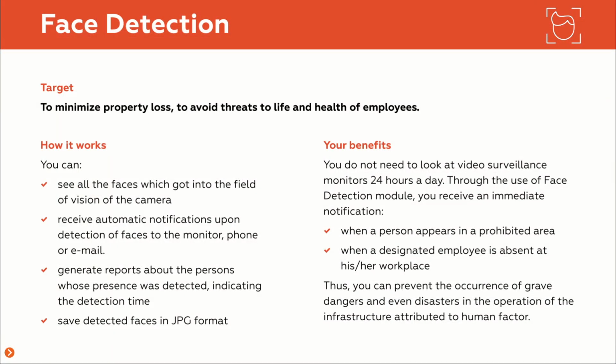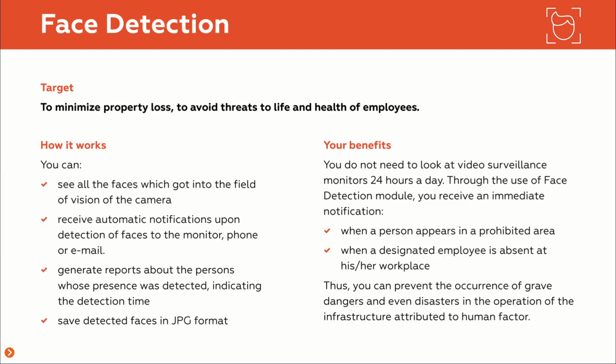This module allows you to quickly find any person that came in the camera view, and receive notifications about any person coming in the camera view and who was spotted by the camera. You can quickly find a specific person if you are interested in that, or you can also see whether your employees, your staff, are absent in the workplace or they are at the place where they are not supposed to.